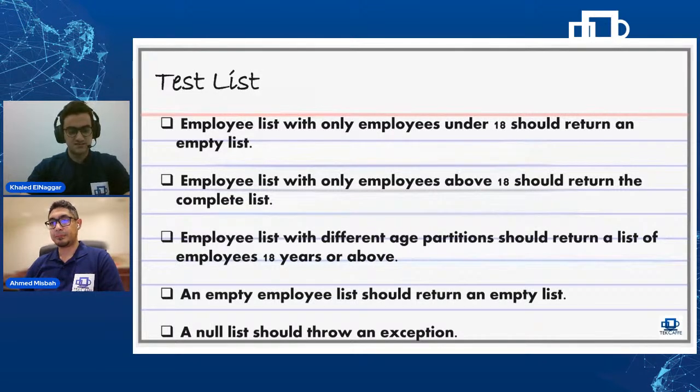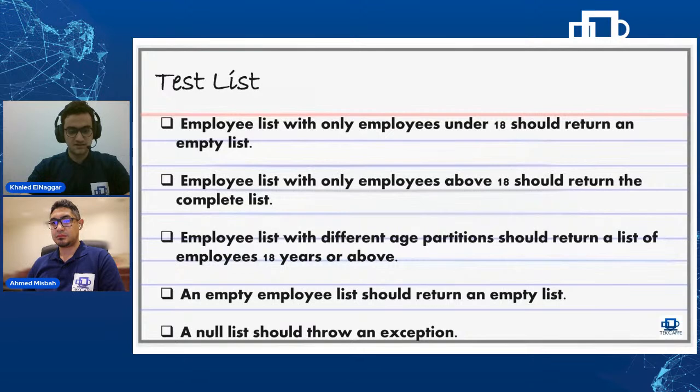In the second test, we have an employee list with only employees above 18 years old, in which case we should return the complete list of employees. In the third test, we have an employee list with different age partitions, a mixture of ages below and above 18, in which case we should return a list of employees 18 years or above only.